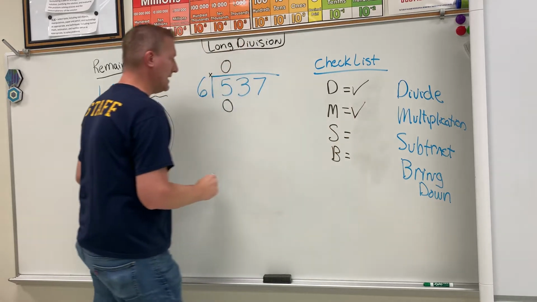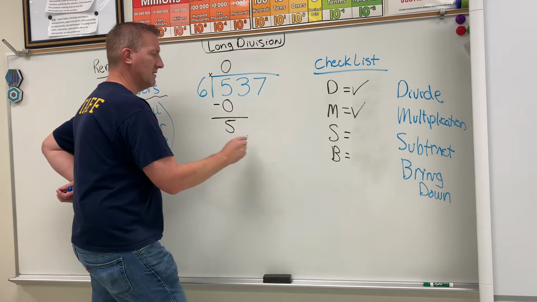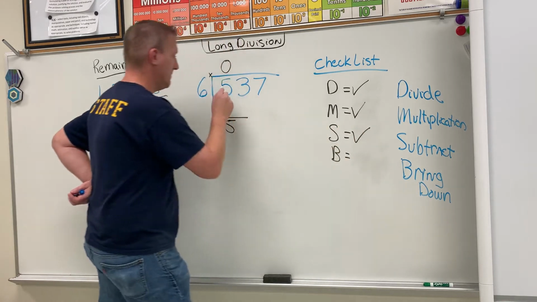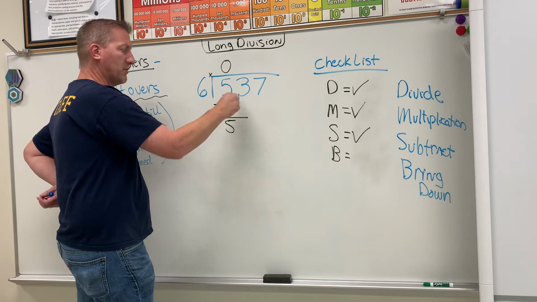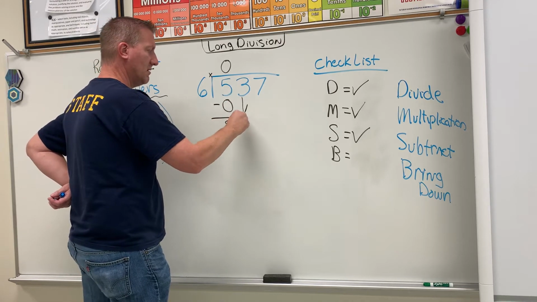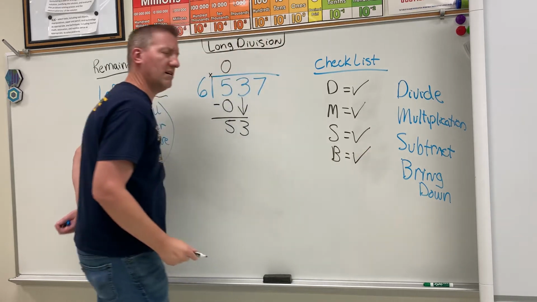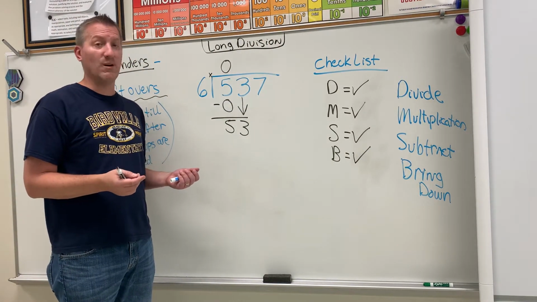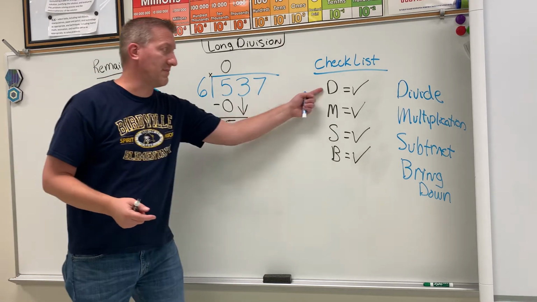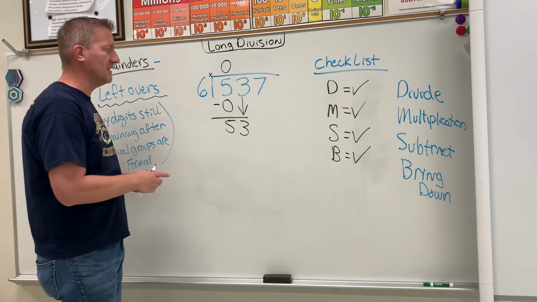I multiplied. I'm going to subtract. 5 minus 0 is 5. I checked it off. Bring down the 3. Check it off. Are we good so far? I know I did that fast, but I'm just doing what the checklist says.